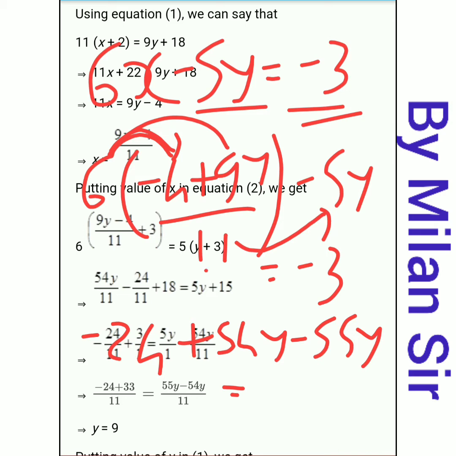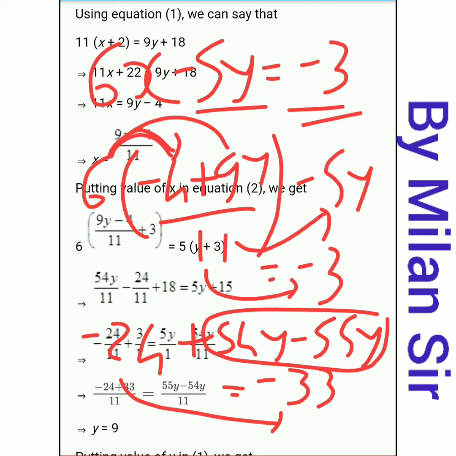So just multiply this 11 with minus 3. So 11 3s are 33, and the minus sign is there. Now transfer this minus 24 to the right hand side and solve this 54y minus 55y.